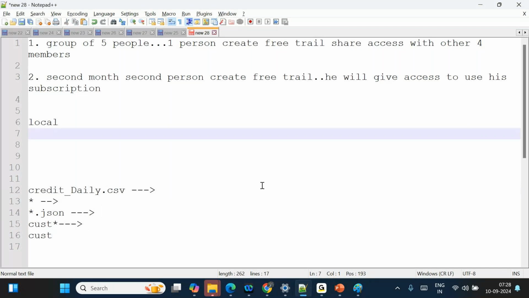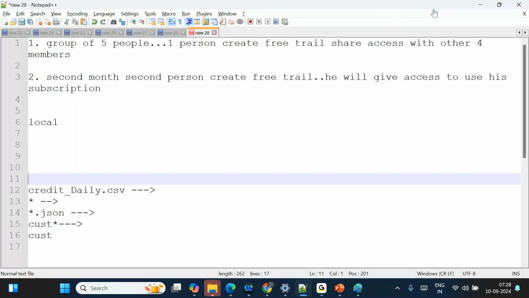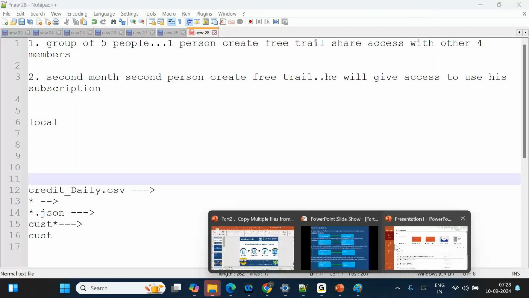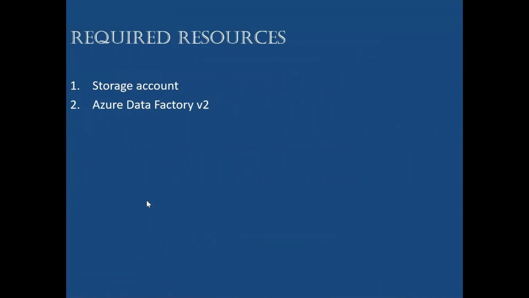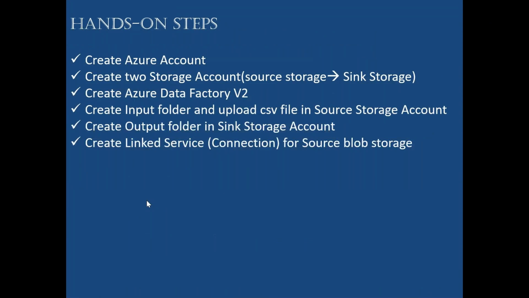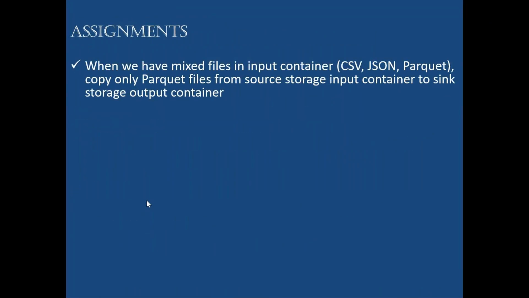right? So like assignments, I'll post it here. Team, the assignments are very similar to that. When we have mixed files in the input container, copy only Parquet files from the source storage input container to the sink storage output container.